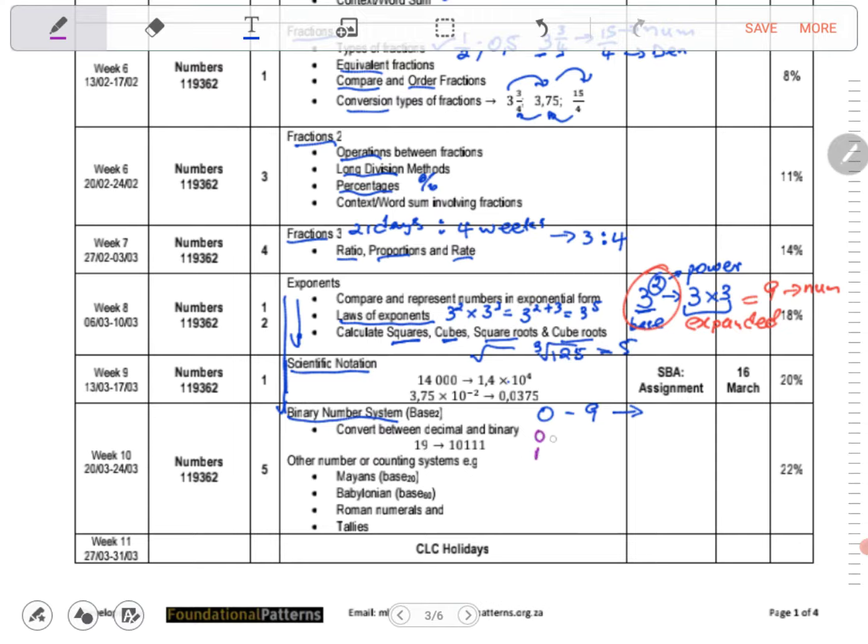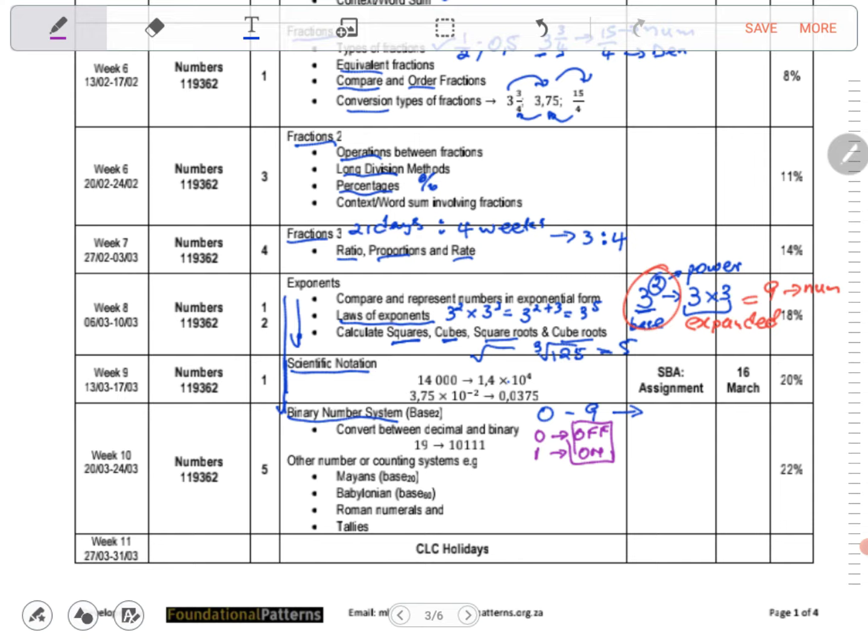All right. So this number system is the one that is understood well by computers, which means 0 means off and 1 means on, just like a switch. So a computer understands that when it sends information, there are parts that it must switch off and there are parts that it must switch on.